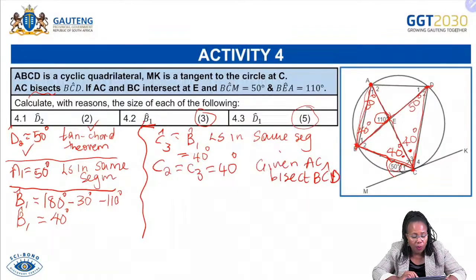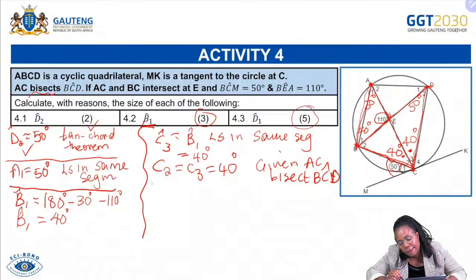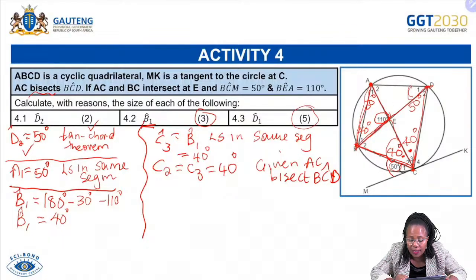And then now we want to calculate D1. Remember, we are looking for that angle there. So now D1, if we take the triangle, D1 is equal to C2. Look, D1 is having a bow tie in this direction.